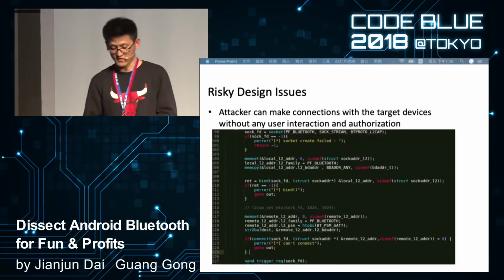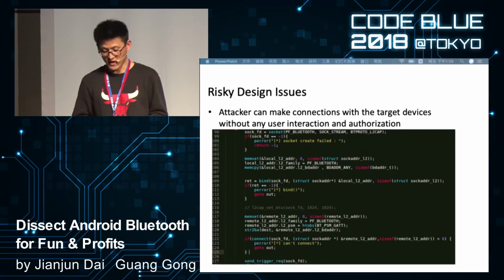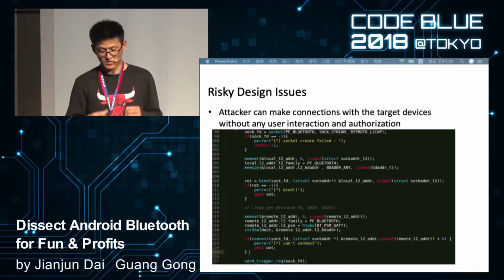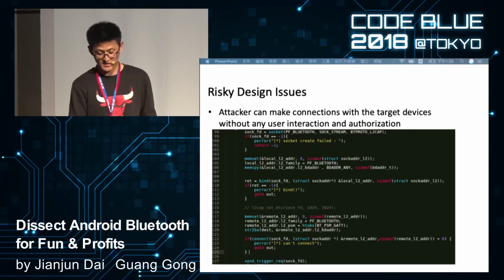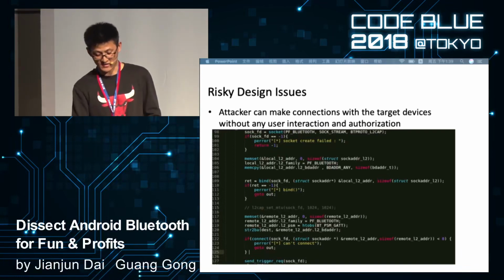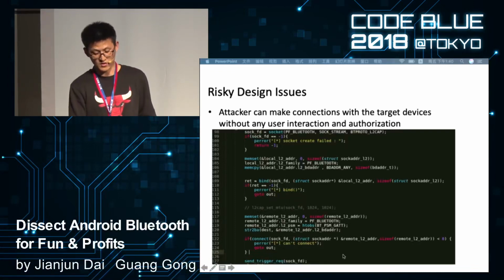In addition to these vulnerabilities, I also found some other security risks related to the design. First, the attacker can make connections with the target device without any user interaction and authorization. As the code shows above, after creating a socket to the target device, it sends data to the target device directly.